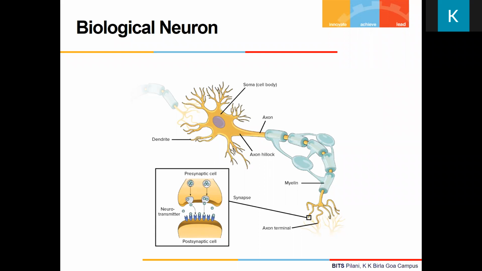In the inhibitive kind, when a neighbor fires, it actually prevents this neuron from firing. So to find out whether his output will be high or low, we have to consider all the neighbors. Some will be positive, some inhibitive. We need to add them up and see whether the result is inhibitive or positive. Based on that only it will fire.